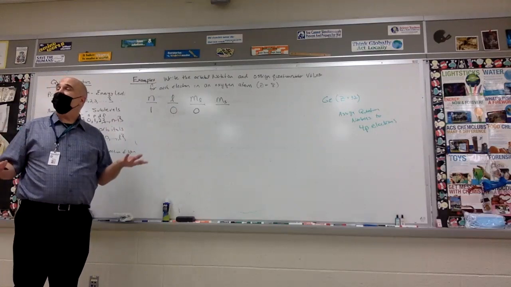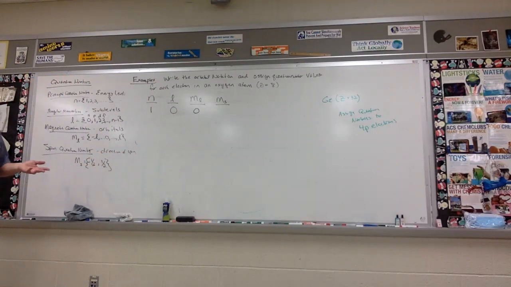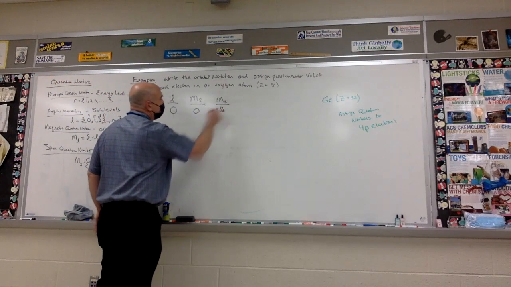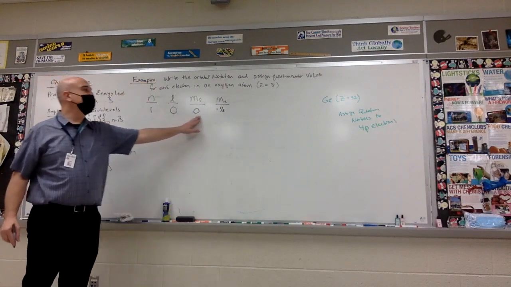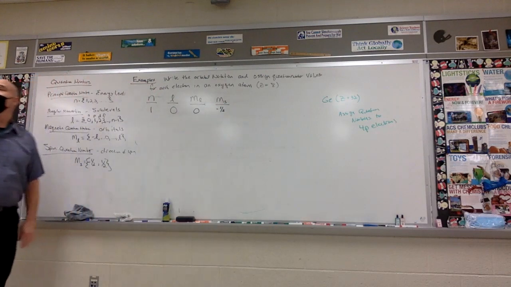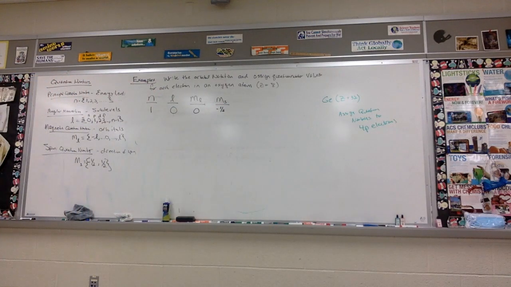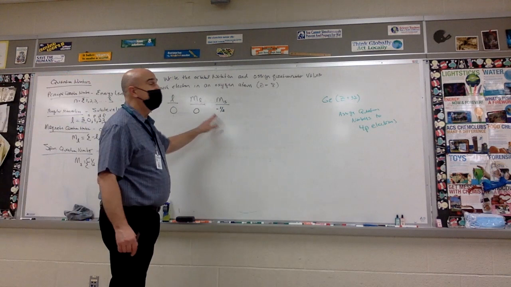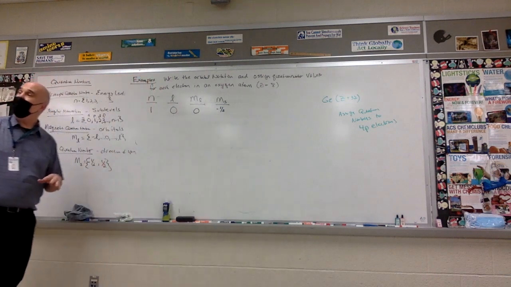Now I have to assign it a spin, right? So I usually start with negative 1/2. Okay, so that's my electron that's occupying that orbital. Now, another electron can go in that orbital, right?